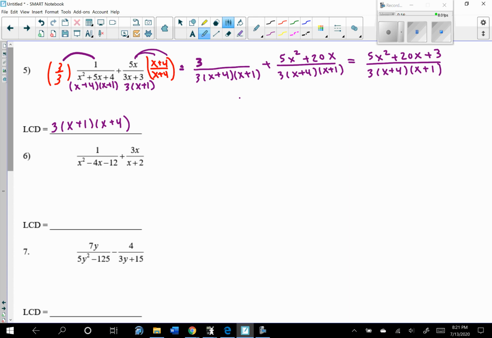So if we try our Swedish fish don't really swim, so 5x squared plus 20x plus 3, 5 times 3 gives us 15. And that means there are no factors of 15 that add up to 20, so this does not factor. So that means this is our solution.